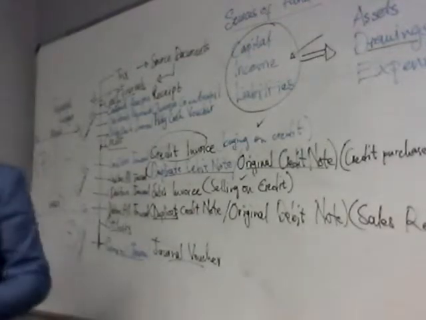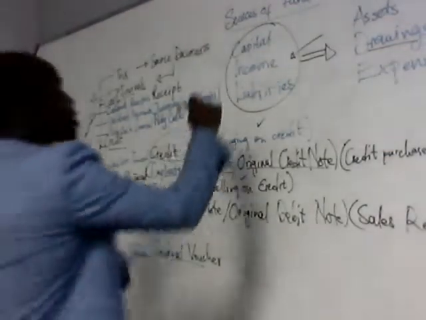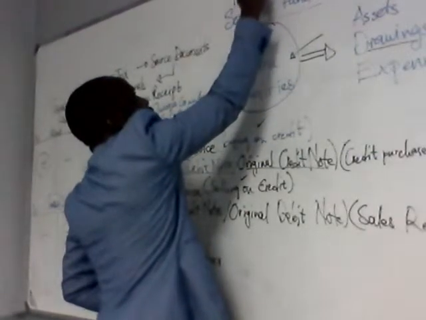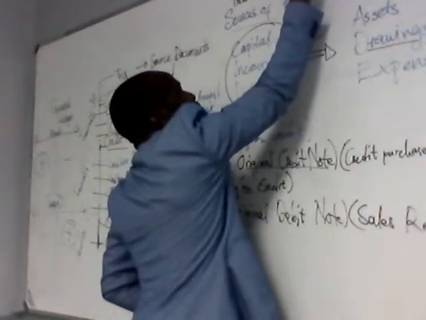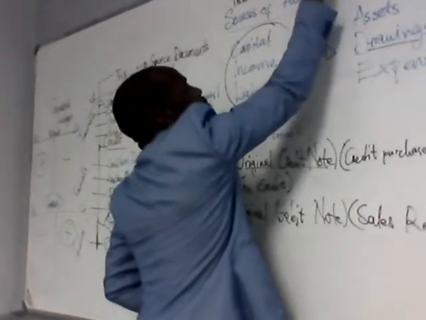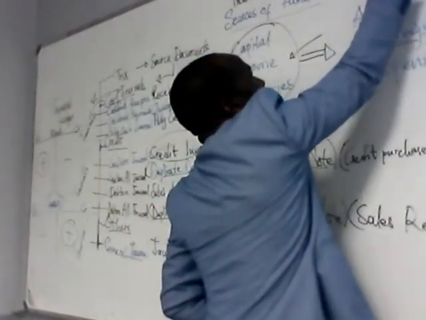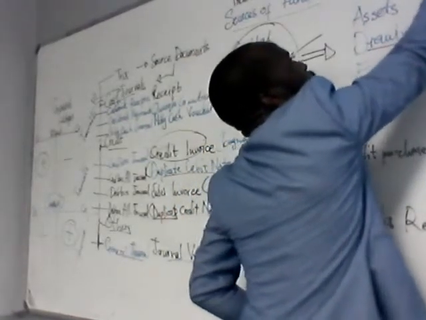Then we go to page 44, where there is an illustration saying that all our sources of funds will increase on the credit side. And then all our application of funds will increase on the debit side. There, we are done.